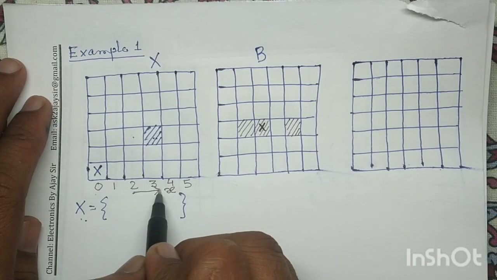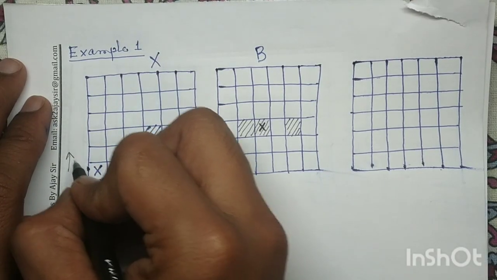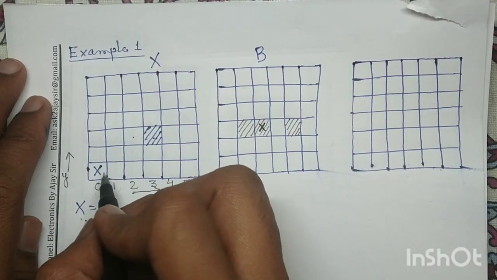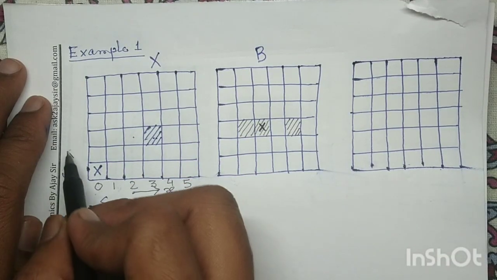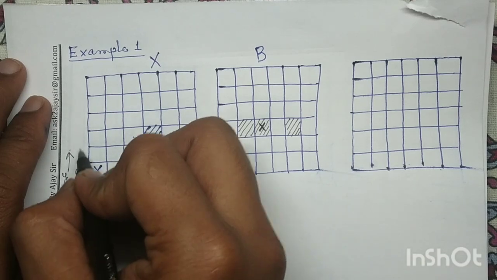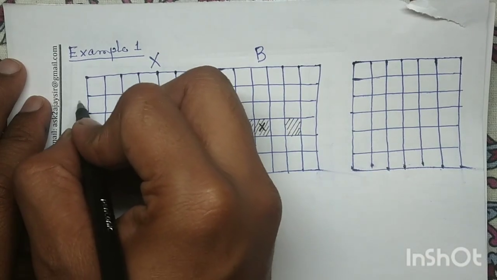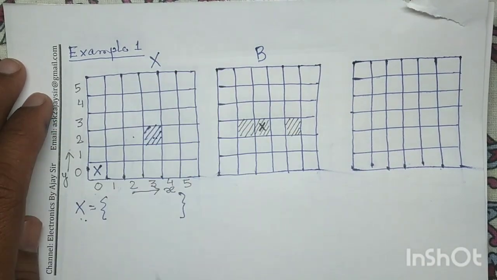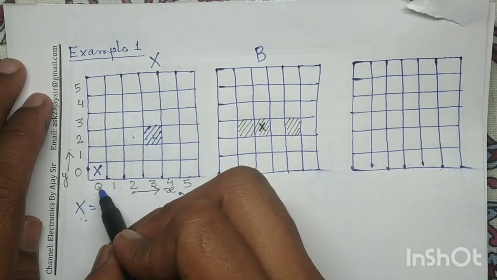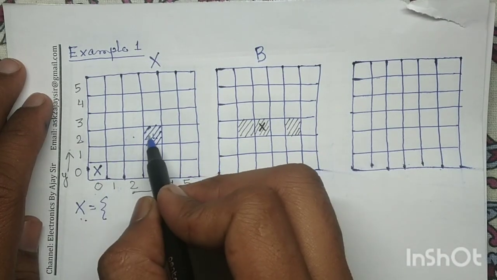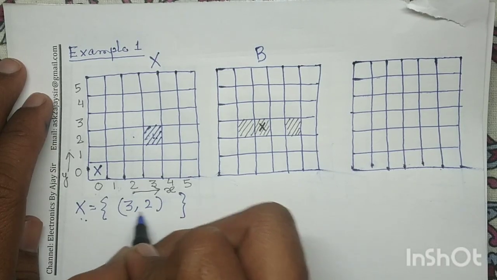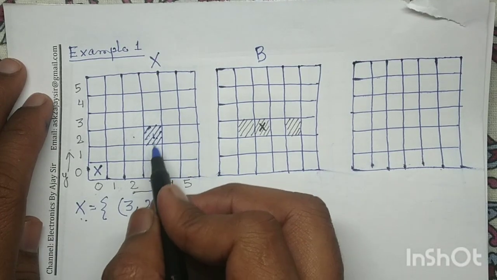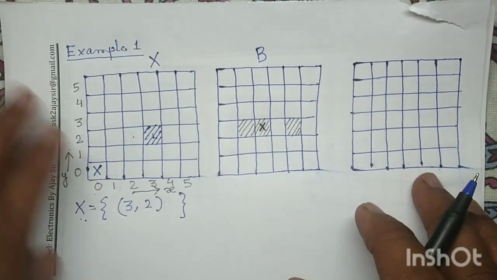Indexing along the x direction is 0, 1, 2, 3, 4, 5, and indexing along the y direction is 0, 1, 2, 3, 4, 5. So the coordinate for this object pixel, in x it is 3, in y it is 2. So I will write 3, 2. It is the coordinate of this object pixel in the image X.